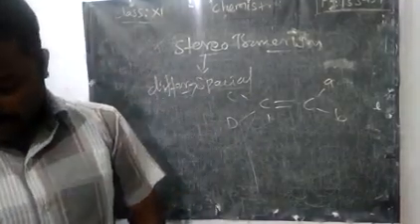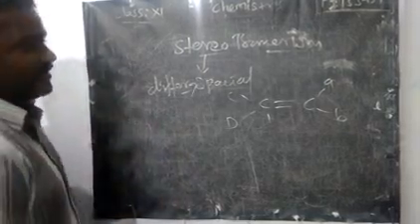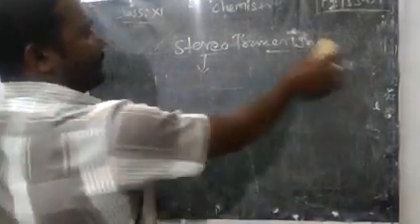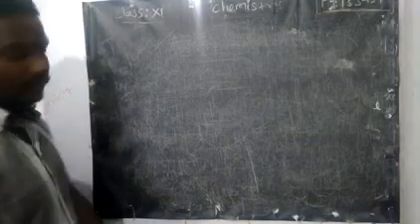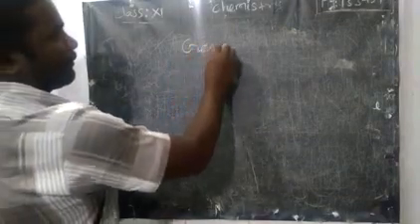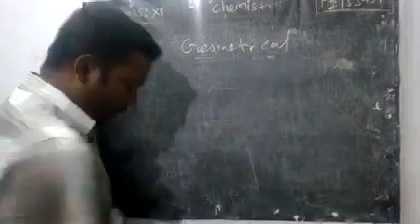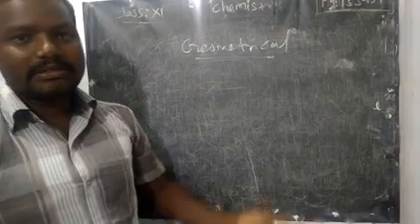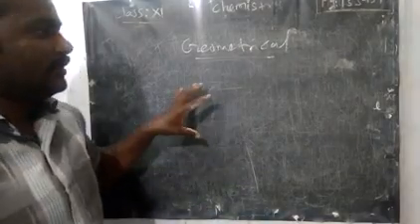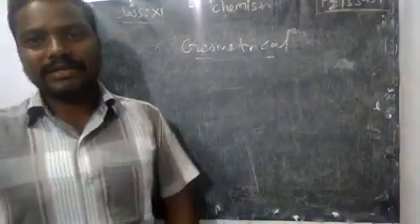In stereoisomerism, we are going to see the first type of stereoisomerism, geometrical isomerism. So what do you mean by geometrical arrangement? See, geometry means we can easily explain. In the structure only there is a difference, okay?